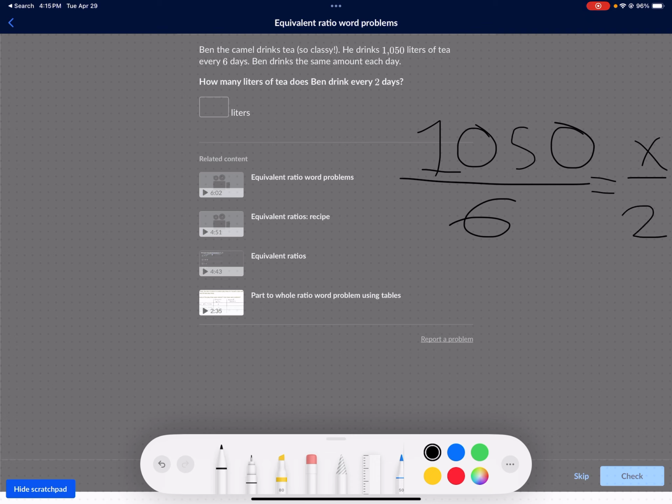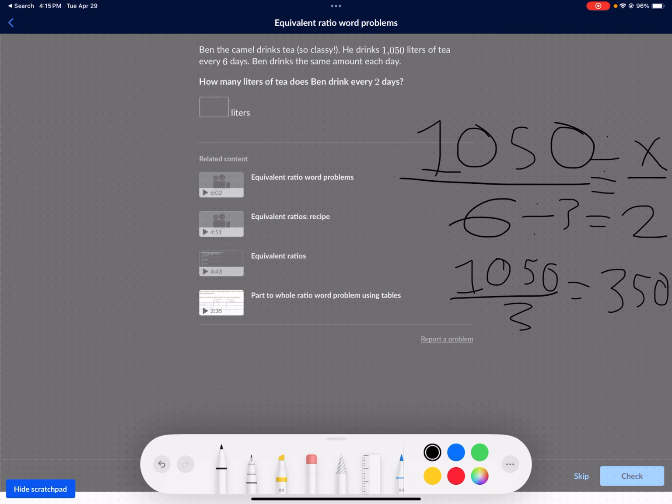6 and 2. Can we do a division problem to get 2? Yeah, we can. What number will we use? 3, because 6 divided by 3 is 2. So we must do 1,050 over 3. What will this be equal? I'll give you guys a little bit of time since I know it can be a little hard. 350, I believe.